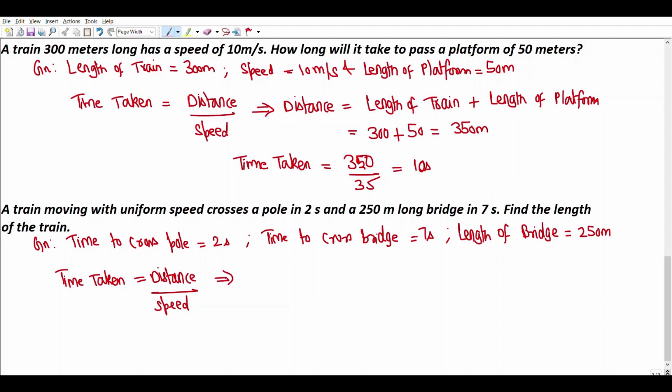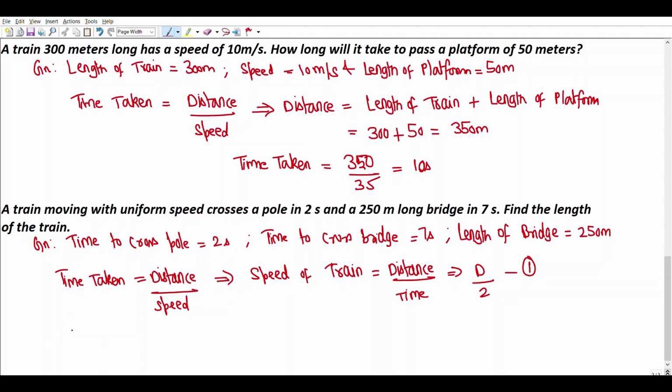So speed of train is equal to distance by time. So, speed of the train can be determined using the time the train takes to cross a pole. Here, distance is not given, therefore, it remains d, and time taken by the train to cross the pole is equal to 2 seconds. Therefore, speed of the train is equal to d by 2. We will retain this as equation 1.